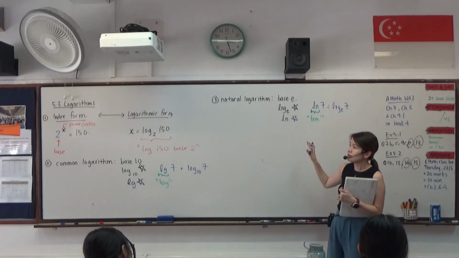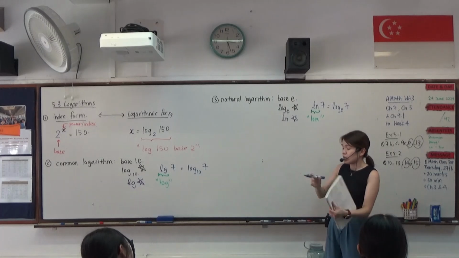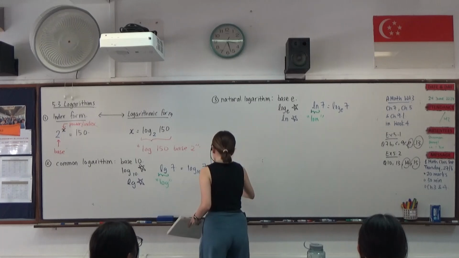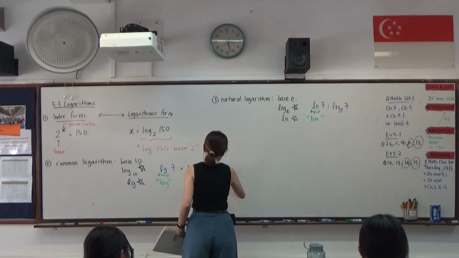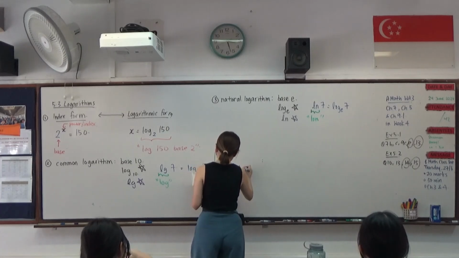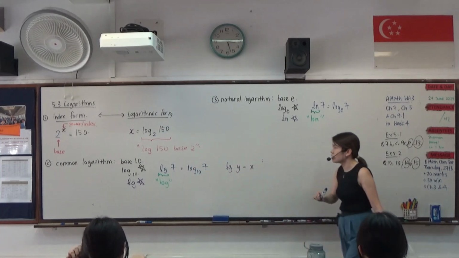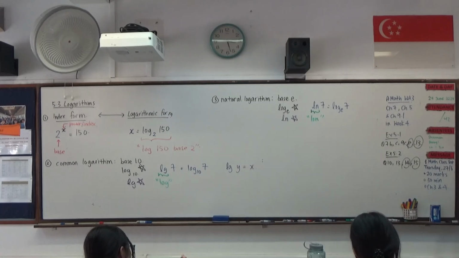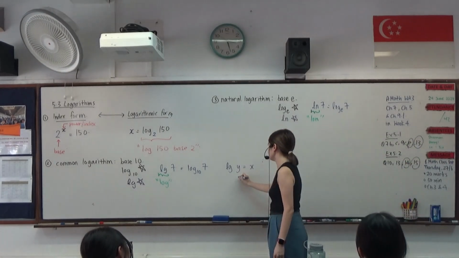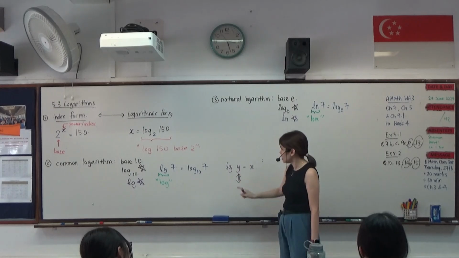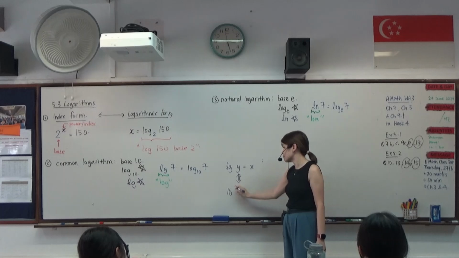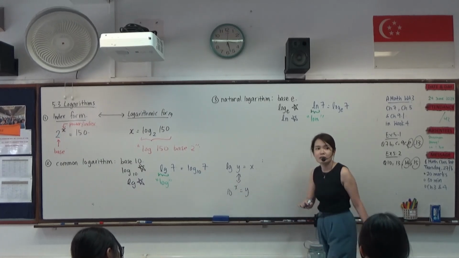how then do we convert between index form and logarithm form? So for example, if I give you a logarithmic form equation as log y equals x, to change it into its index form, the base is actually 10, the power is x, equals y.